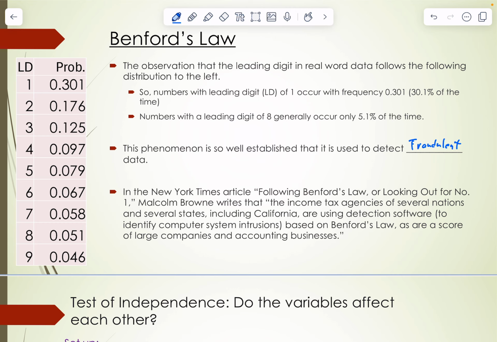Here's an example. In the New York Times article "Following Benford's Law, or Looking Out for Number 1," Malcolm Browne writes that, quote, the income tax agencies of several nations and several states, including California, are using detection software based on Benford's law to identify computer system intrusions, as are a score of large companies and accounting businesses.